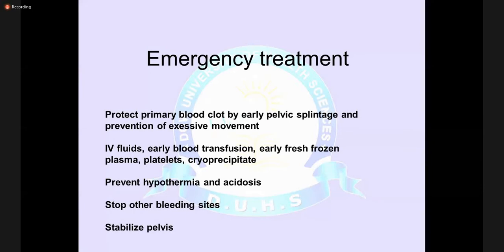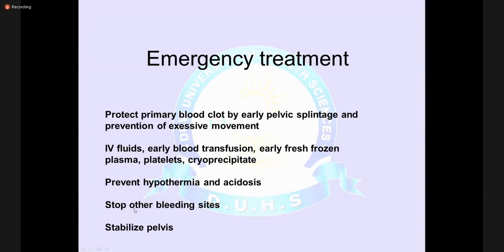The pelvic binder is applied to not release the impending hematoma, along with IV fluids to replace the blood loss, early blood transfusion, and fresh frozen plasma if blood is not present, and platelets and cryoprecipitates are required. Preventing hypothermia and acidosis is also necessary.